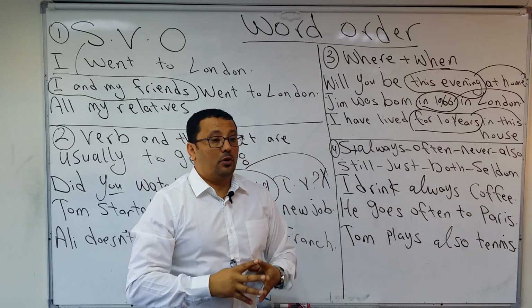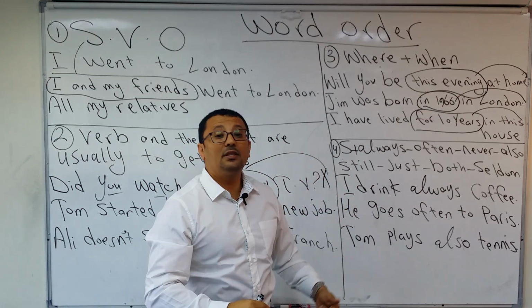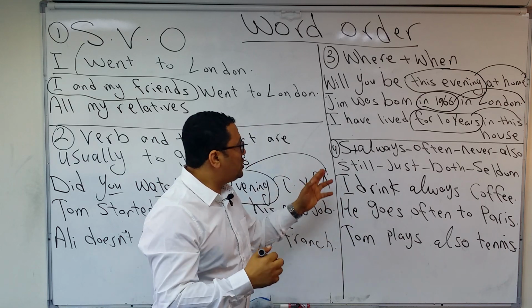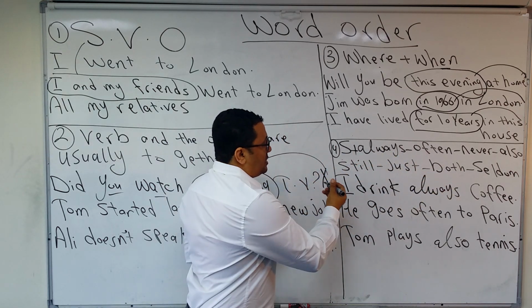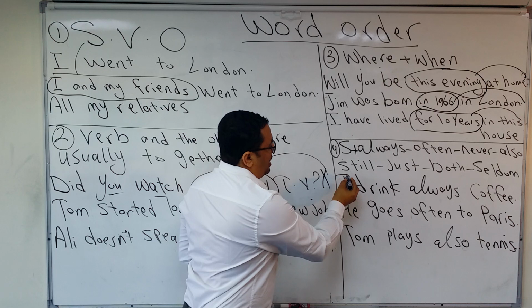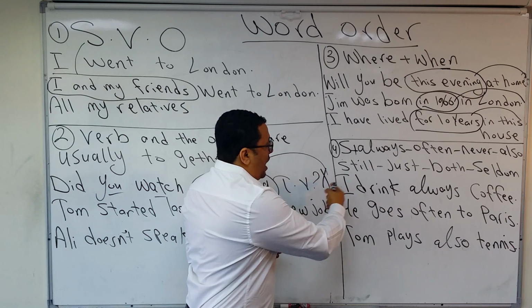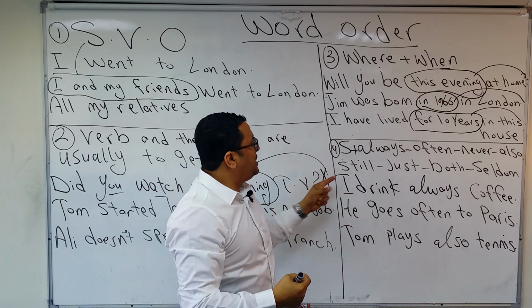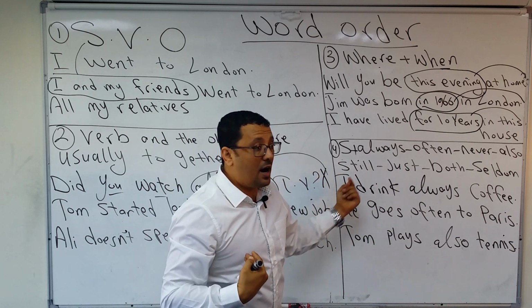As I told you before, many students, when they read this sentence, think it's correct. But unfortunately, it's not correct, because these kinds of words always come after the subject. What is the subject? I always, he always, she always, I still, I just.